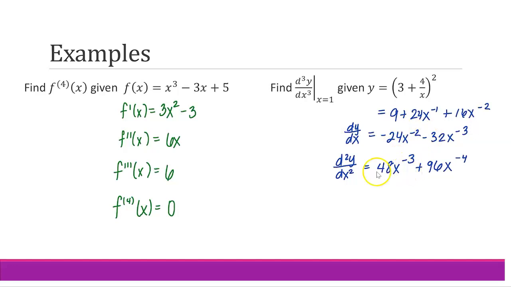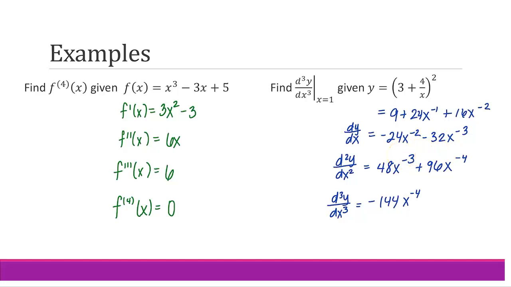And then we do it one more time for the third derivative. So here we're going to have the third derivative of y with respect to x is equal to 48 times negative 3, that's negative 144 x to the negative 4, if I subtract 1 there.